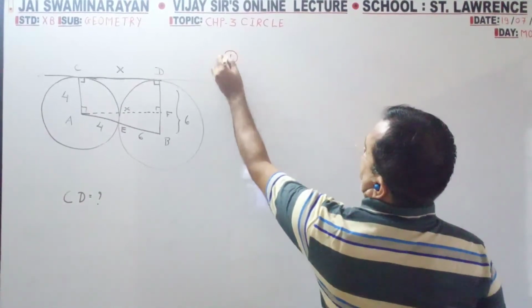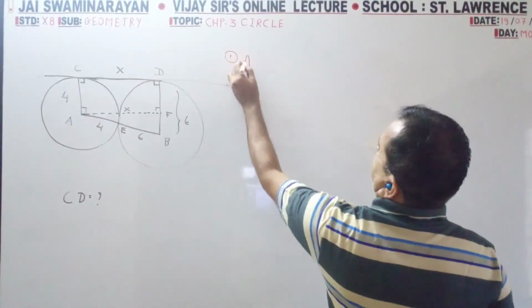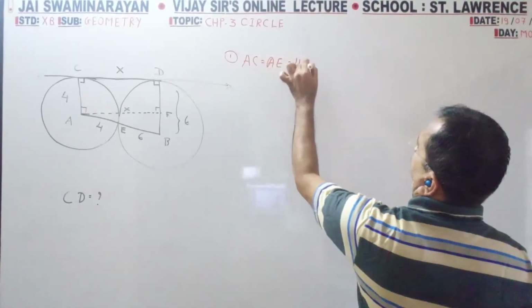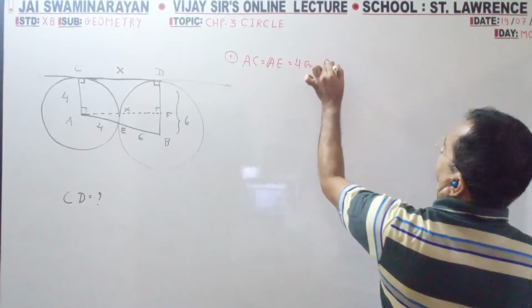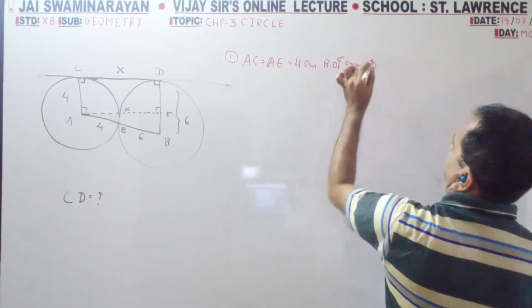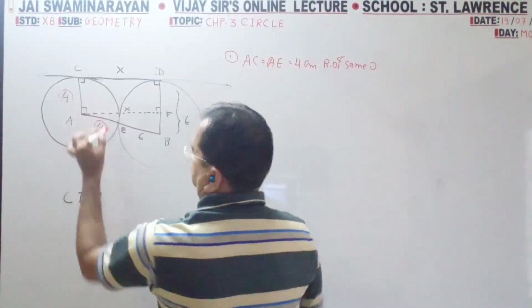My first step is AC is equal to AE is equal to 4 centimeter, radii of the same circle. If this is 4, then this is 4.